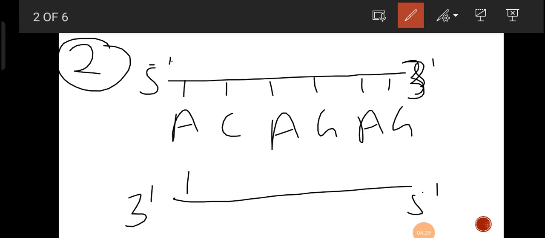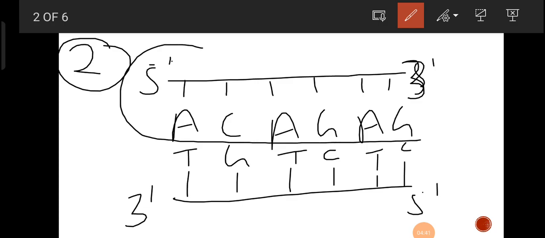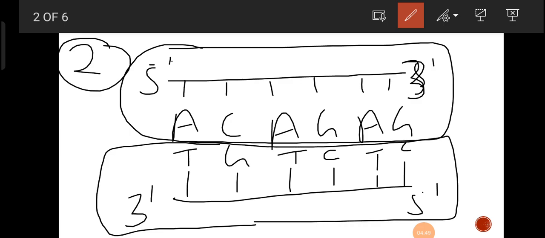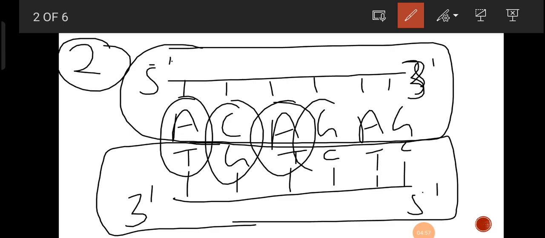Adenine pairs with thymine, cytosine with guanine, adenine with thymine, guanine with cytosine, adenine with thymine, guanine with cytosine. That means if we have a single strand of DNA, we can make the other strand. This is complementary in nature because of base pairing.